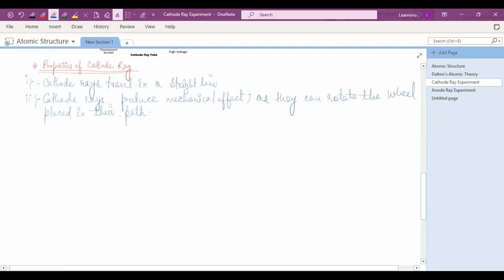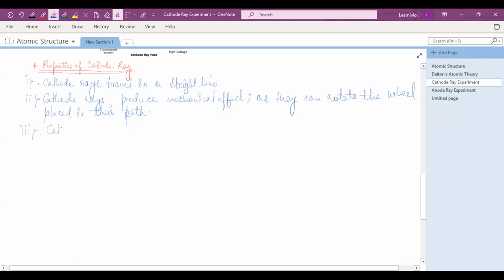So when J.J. Thomson placed a wheel in the path of the cathode ray, he observed that it rotates that wheel, meaning it shows some mechanical effect, right? So mechanical effect is a property of cathode ray.